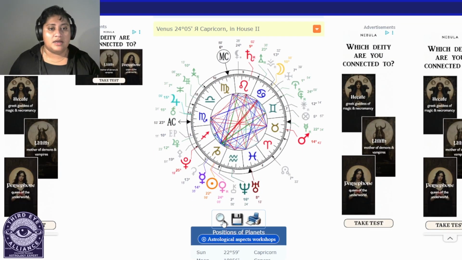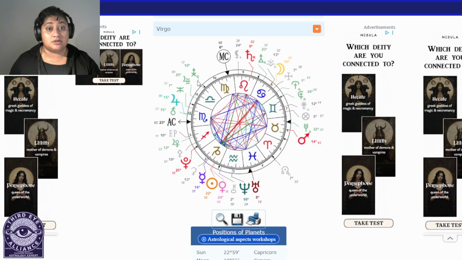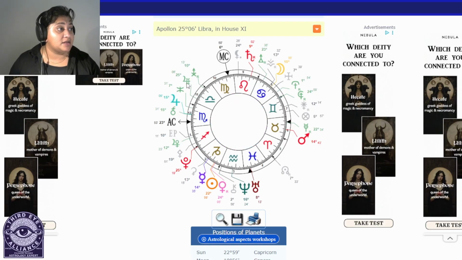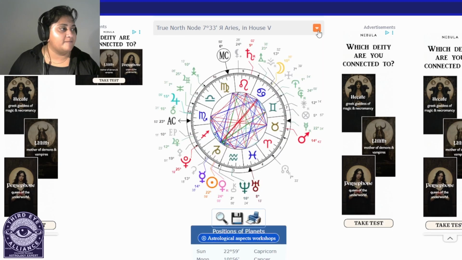Boom. Now tell me how in the hell you're supposed to read the chart looking like this. But see these in green here, these are all hypothetical planets, right? And then where's our North Node? North Node in Aries. Okay, I think she's doing well with her North Node. We see the aspects being made to the North Node, very important.